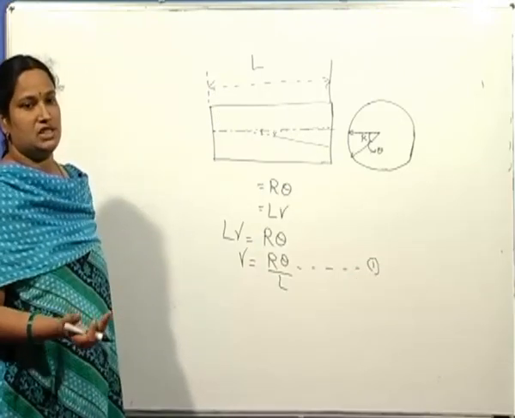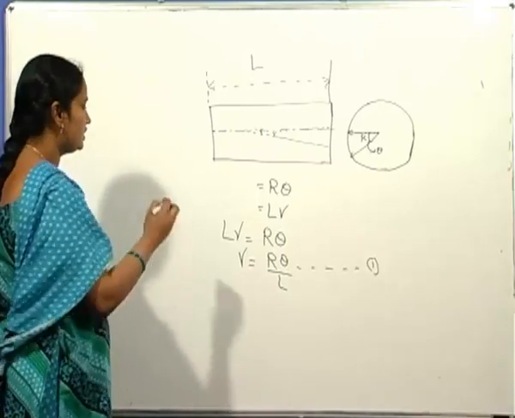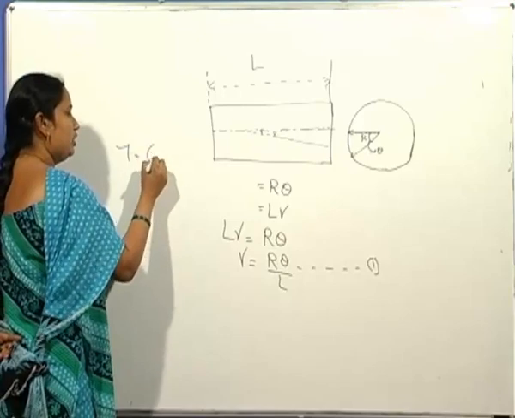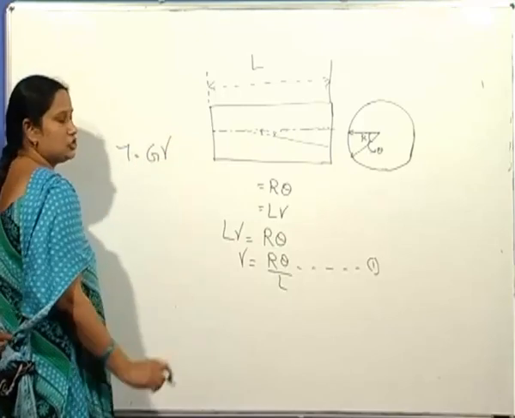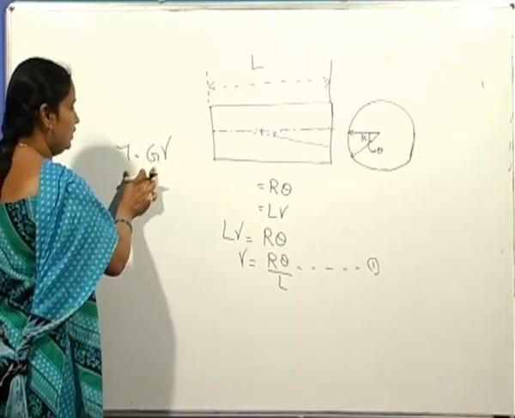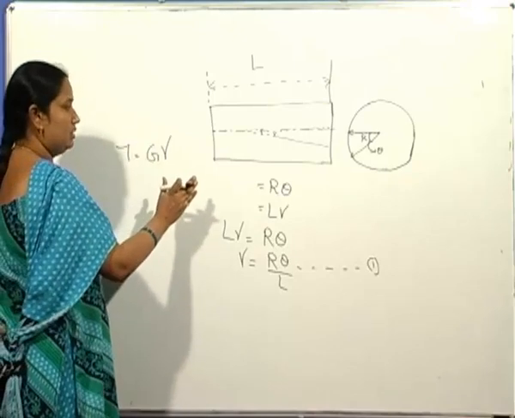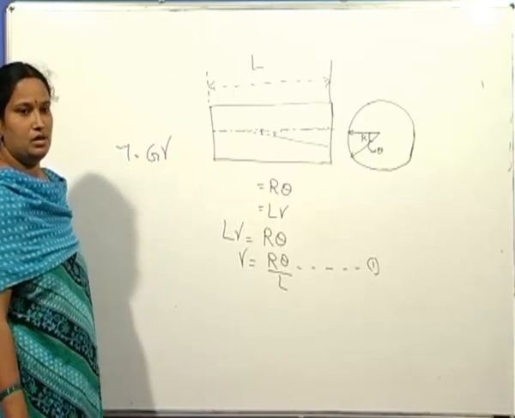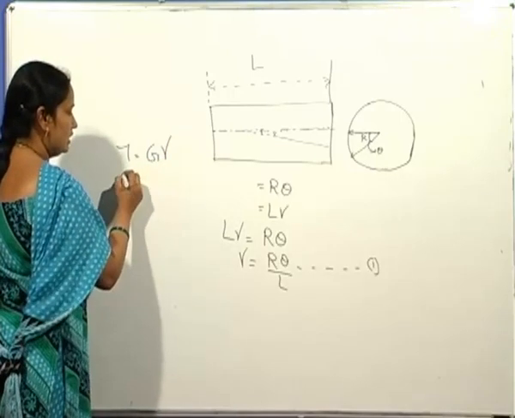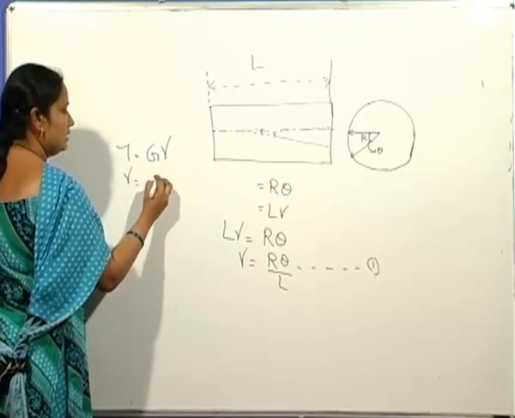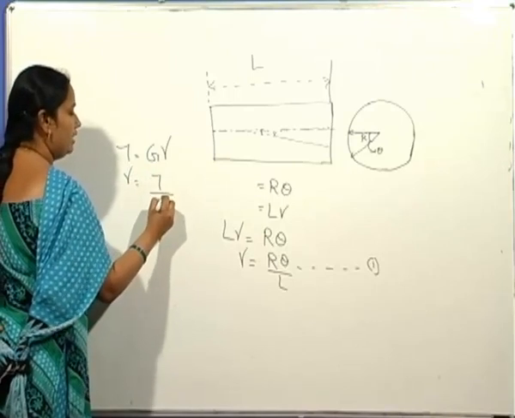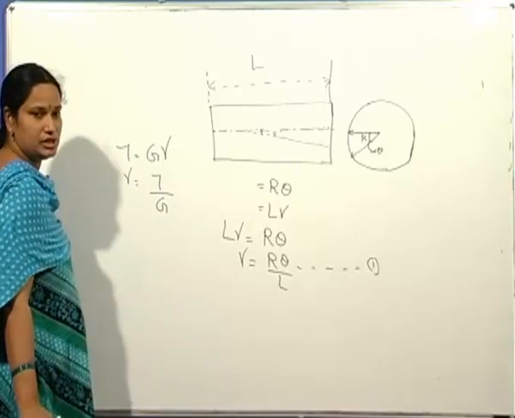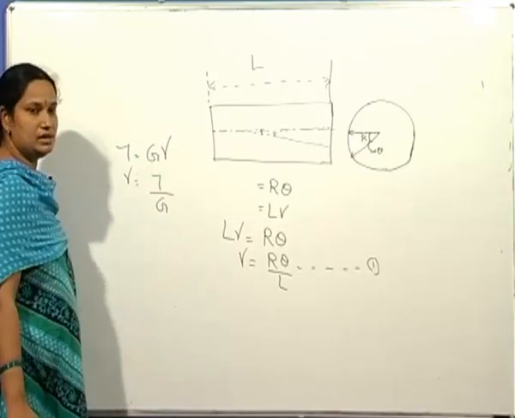From the basics of stress strain theory, we have shear stress tau equal to shear modulus into shear strain. This equation holds as long as the component is elastic. So from this, gamma can be written as tau by G, where G is the shear modulus, tau is shear stress, and gamma is the shear strain.